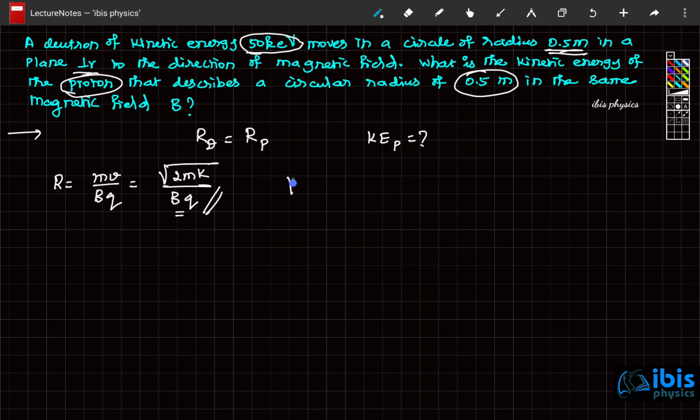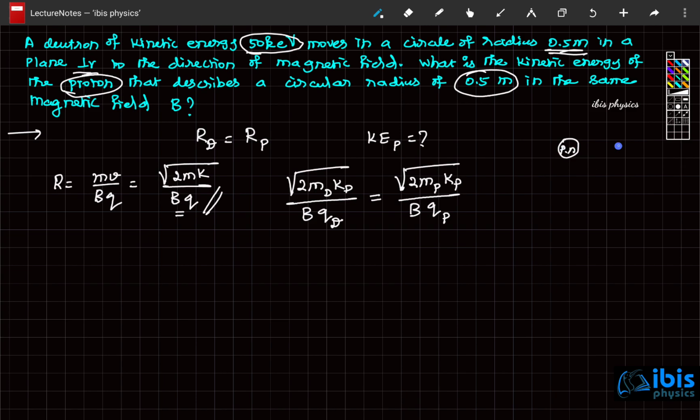So the radius of the deuteron is root over 2 into the mass of the deuteron into the kinetic energy of the deuteron, divided by b into the charge of the deuteron, which is also equal to the radius of the proton, root over 2 into the mass of the proton into the kinetic energy of the proton, divided by b, because it is the same magnetic field, into the charge of the proton.